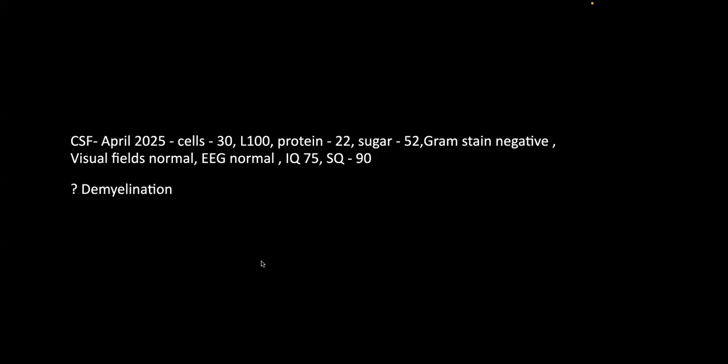Because of the new onset hemiparesis, they evaluated for demyelination also, where visual fields are normal and EEG was normal. The child has some intellectual issues like memory issues, so we have done IQ and social quotient. IQ is 75 and social quotient is 90.